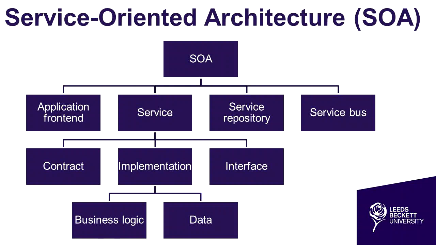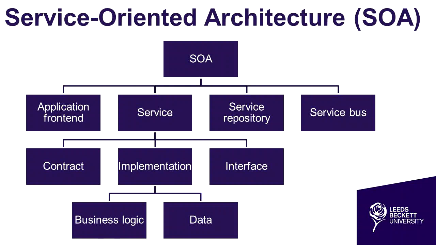So along that line, you also see the service bus. It's a set of rules on how to integrate different applications and how to communicate between these applications. The good thing about this is when applications communicate over the service bus, they do not need to know the implementation knowledge of other applications, right?